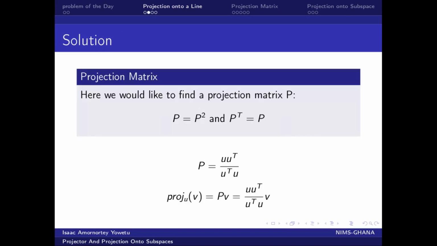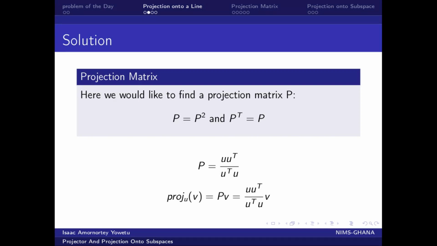To solve this, we follow the projection matrix, such that P is equal to P squared, which means we consider P to be an idempotent matrix, and the matrix transpose is the same as the matrix itself.